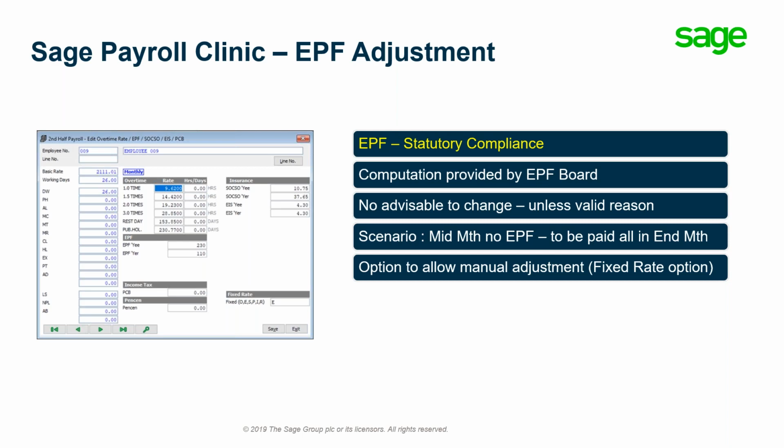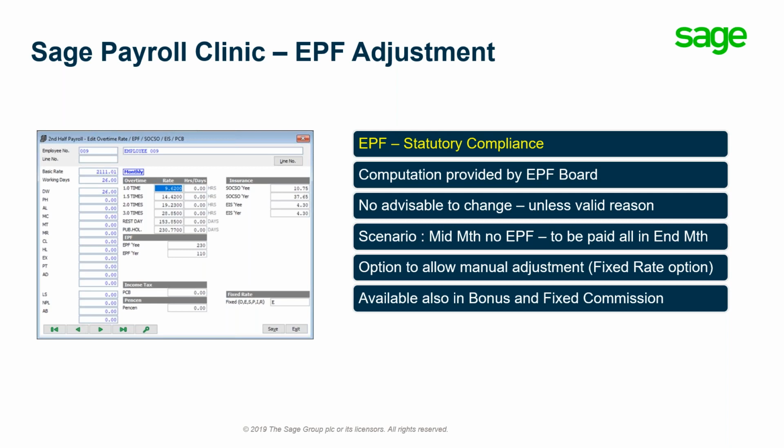You choose to compute, maybe this is the amount that you want to submit to the EPF board. But once you change to E, it's locked. That means this is the figure that you want. If you add in new allowances or something that's subject to EPF, the system will no longer modify it, because you fixed this amount already. So you must have a good reason, or do it at the final stage when everything's settled already. You say, okay, these are the figures.